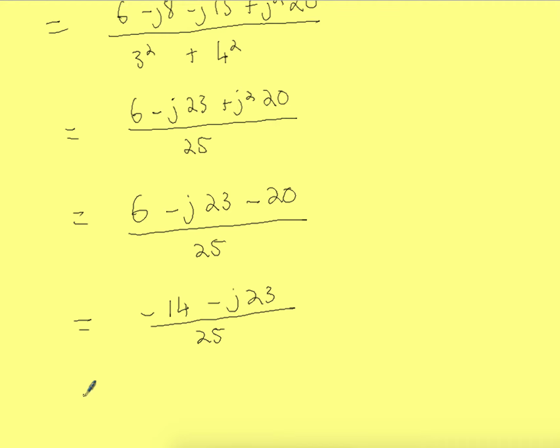Split it in the middle. And that's you done. That's you divided a complex number by using the complex conjugate. As I said, that is 100% necessary knowledge for you.